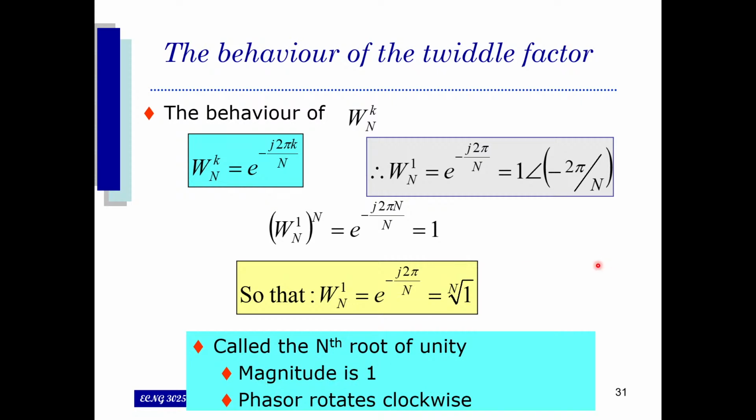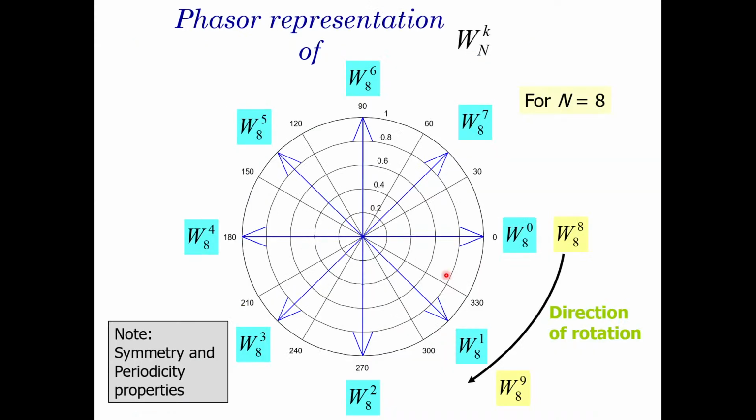So if we plot out each one of these phasors for this wk of n, we can see that we have a nice 360-degree representation for our phasors and for our 12 factors. And the direction of rotation, because it is given by that minus complex exponential form, means that instead of rotating anti-clockwise, we just rotate clockwise.